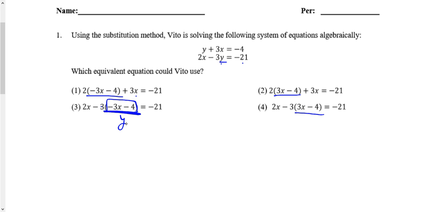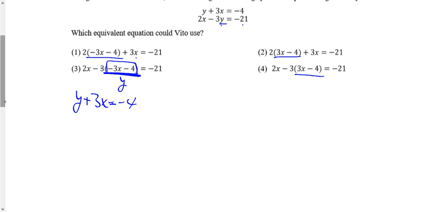So it looks like they did something to the top, right? y plus 3x equals negative 4. What would you do to solve this for y? Subtract 3x from both sides, right? So that gives you y equals what?